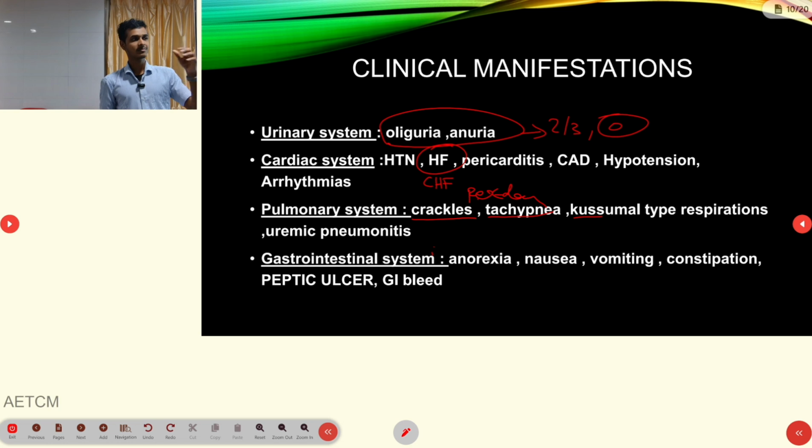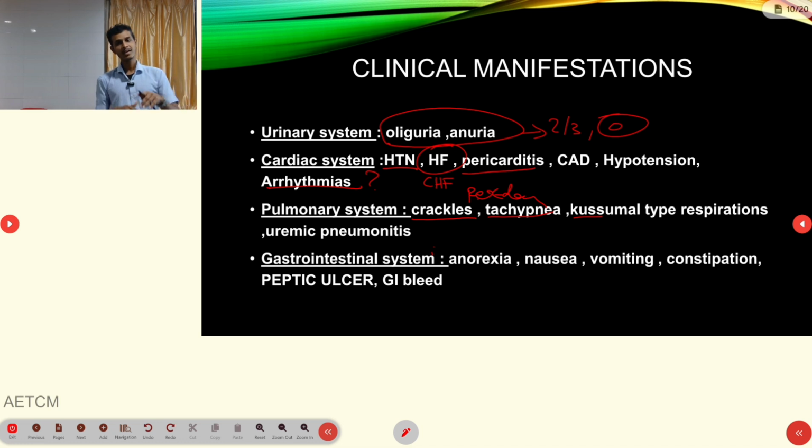In the cardiac system, there are more complications like hypertension, pericarditis, coronary artery disease, hypotension, and arrhythmia, which is the most common thing. Why do hypotension and arrhythmia occur? Hypotension is because of the acid-base disorder, mainly metabolic acidosis. Acid is a waste product that should be eliminated from your body, but if kidney function fails, it retains more and more acid, thereby leading to metabolic acidosis.